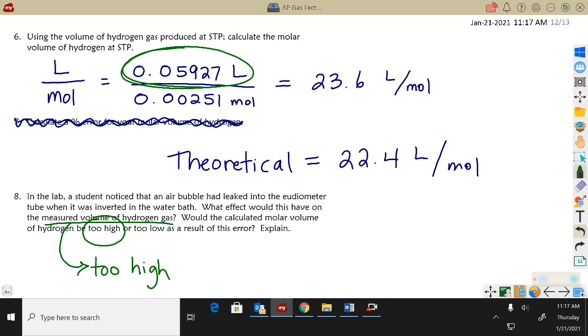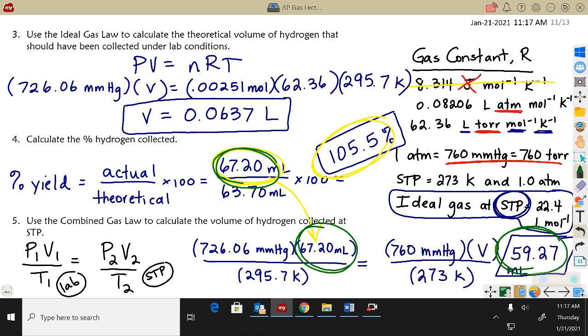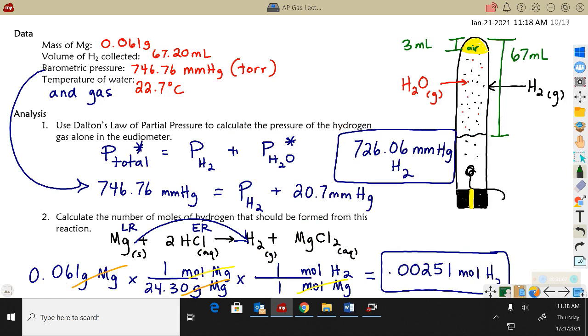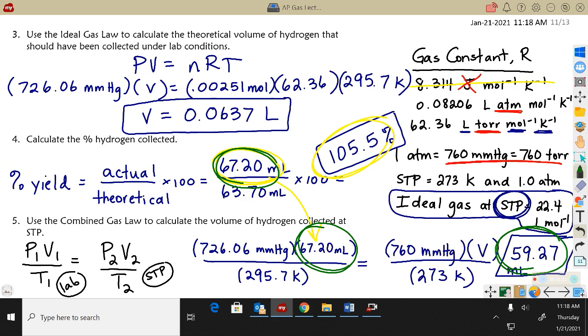Like when we did this calculation, actually even if I back it up to number 2, I did this calculation assuming that the entire mass of the sample was magnesium and that it should produce 0.00251 moles of hydrogen. Well, really some of that mass is not magnesium, so there's going to be less than 0.0025 moles of magnesium and less than 0.0025 moles of hydrogen, which then would have affected number 3.